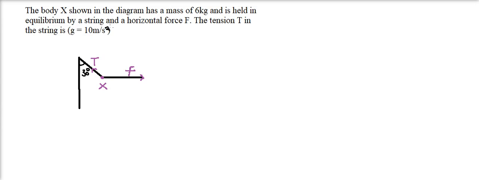Now to solve this question, these are non-coplanar forces. As we know, we have two conditions for this object X to be in equilibrium. Since the body is in equilibrium, the first condition says that the algebraic sum of the forces in the x direction must be equal to 0, and also the algebraic sum of forces in the y direction must be equal to 0.